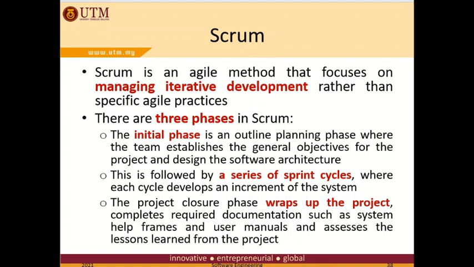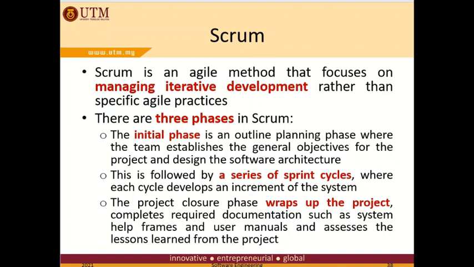However, it focuses on providing a framework for agile project organization, and it does not mandate the use of specific development practices such as pair programming and test-first development. This means that it can be more easily integrated with existing practice in a company.